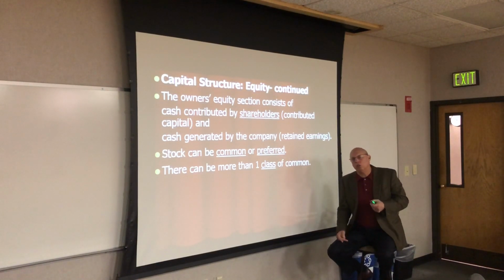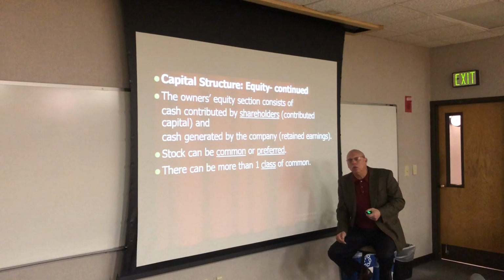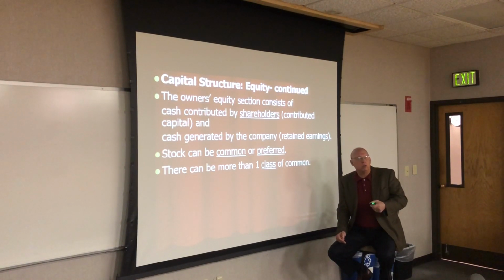What you can do as an owner is you can cut a deal with other owners on different types of stock that gives people different rights. Rights to different dividends, rights to different voting. So you can use your imagination in business to cut a deal. There's not only one way to cut a deal. So that's what different classes of stock is.